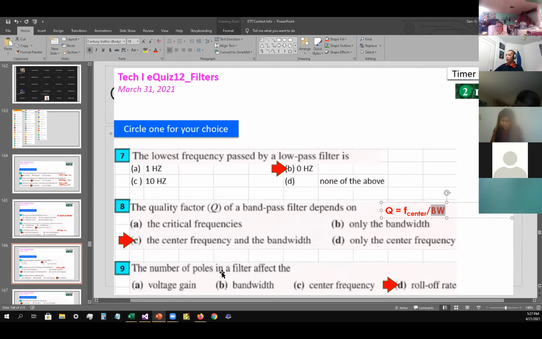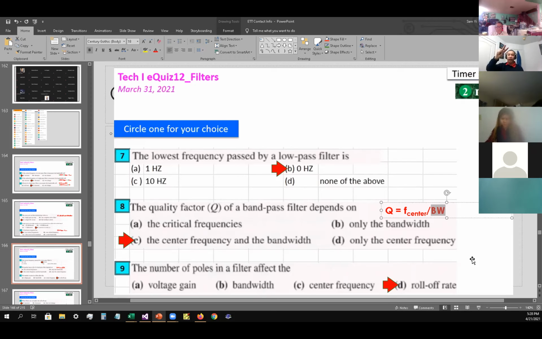Question 9, the number of poles in the filter mainly affects the roll off. If you have only one combination of resistor and capacitor, that would be a 1 pole, and the roll off is going to be steep.